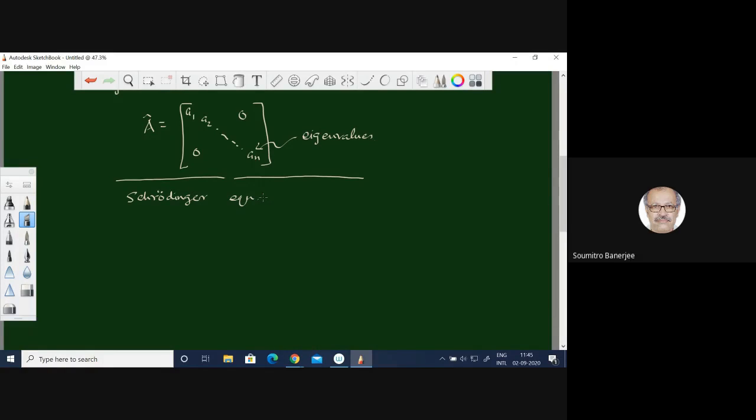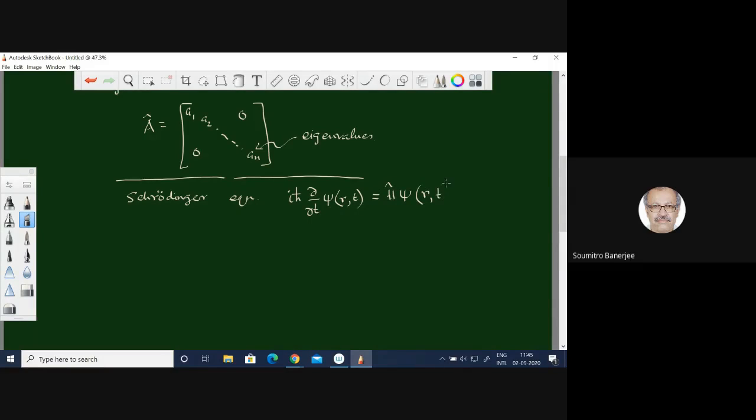You are exposed to the Schrodinger equation in this form: i h cross del t of psi of r and t, talking in 3 dimensions, is equal to H as an operator operating on psi.